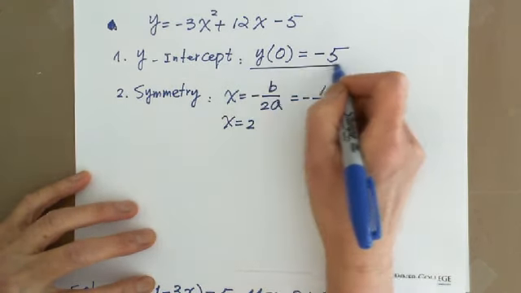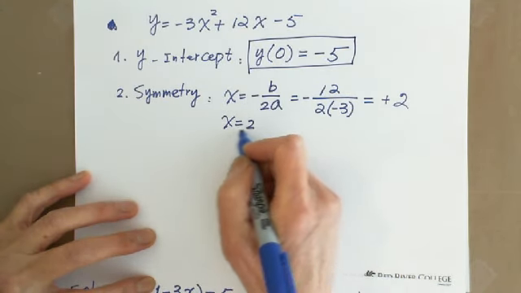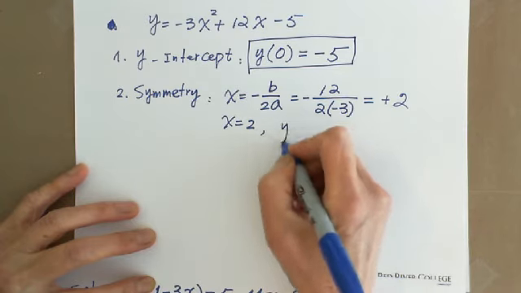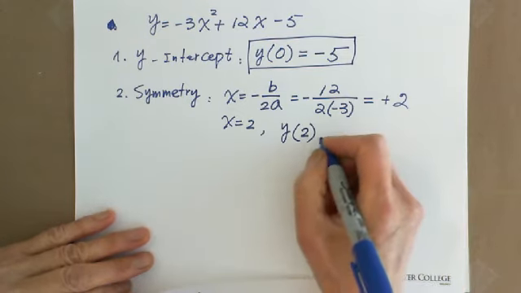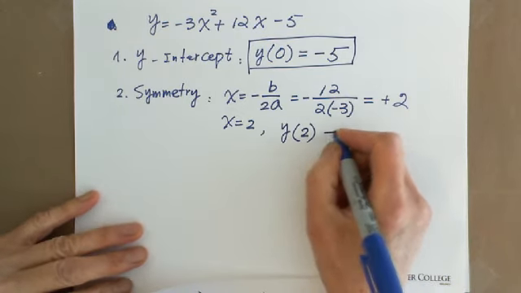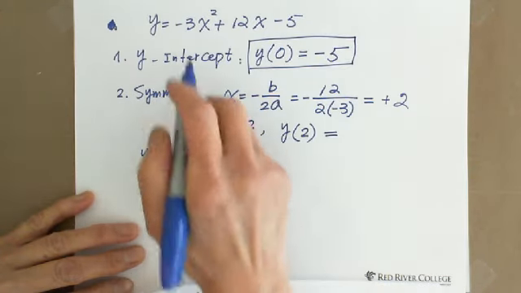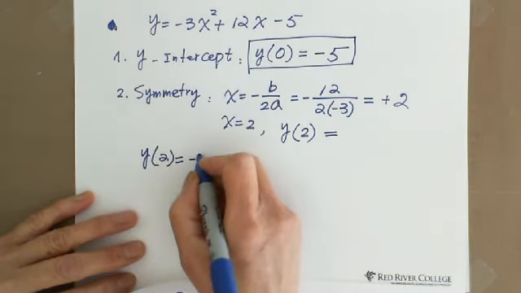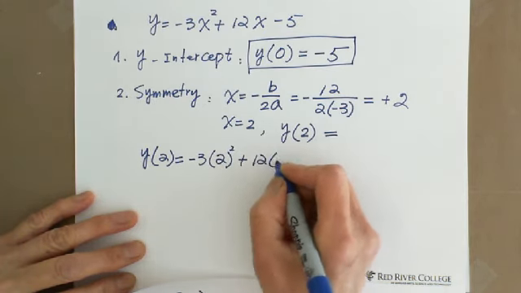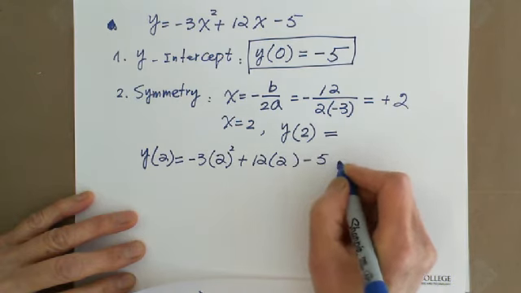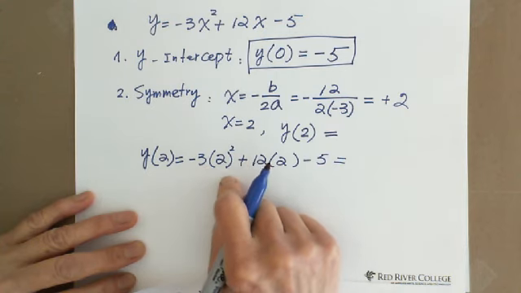Then we need to find, for x equals 2, what is the y value. We plug into this function: negative 3 times 2 squared plus 12 times 2 minus 5. 2 squared equals 4, times negative 3 is negative 12.